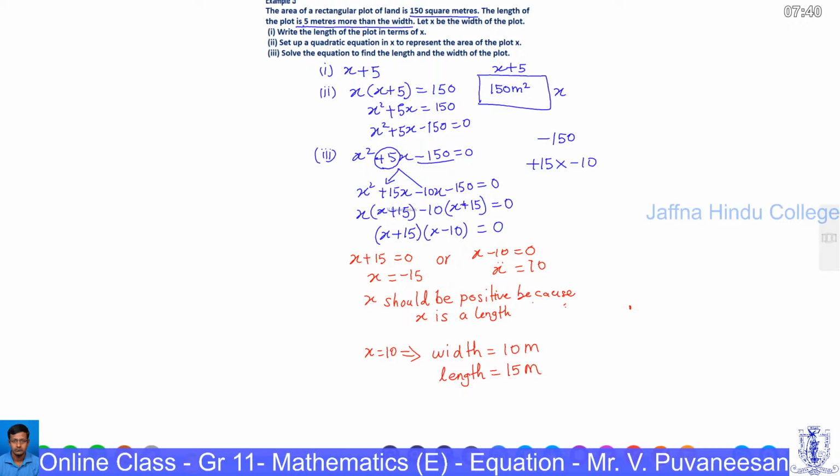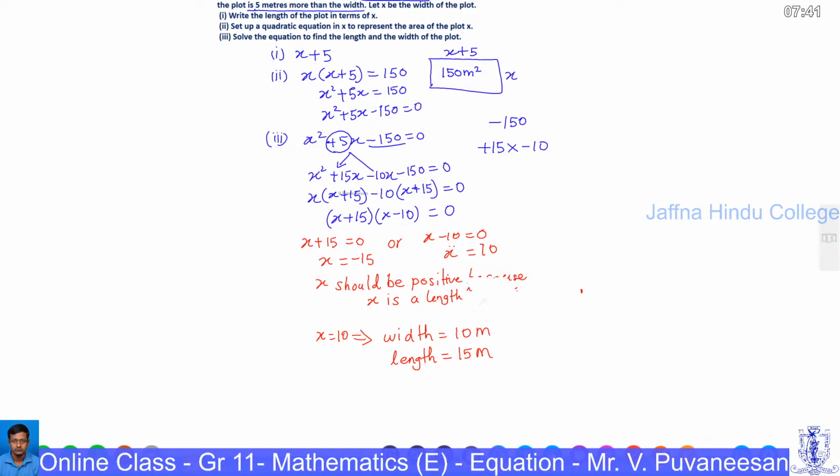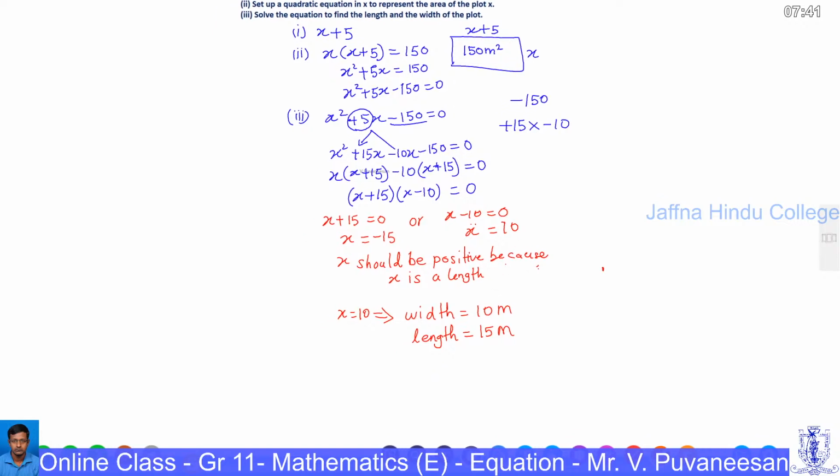Through this we find the value of x is equal to minus 15, and the other value, x is equal to 10. Here x is the width, which is a length, so x should be positive. It cannot be a negative value, so we consider only x equal to 10.